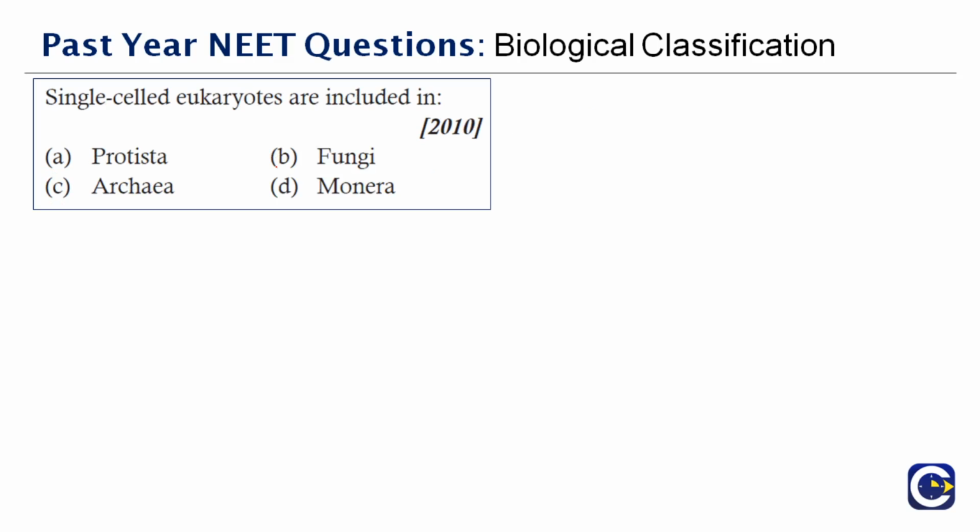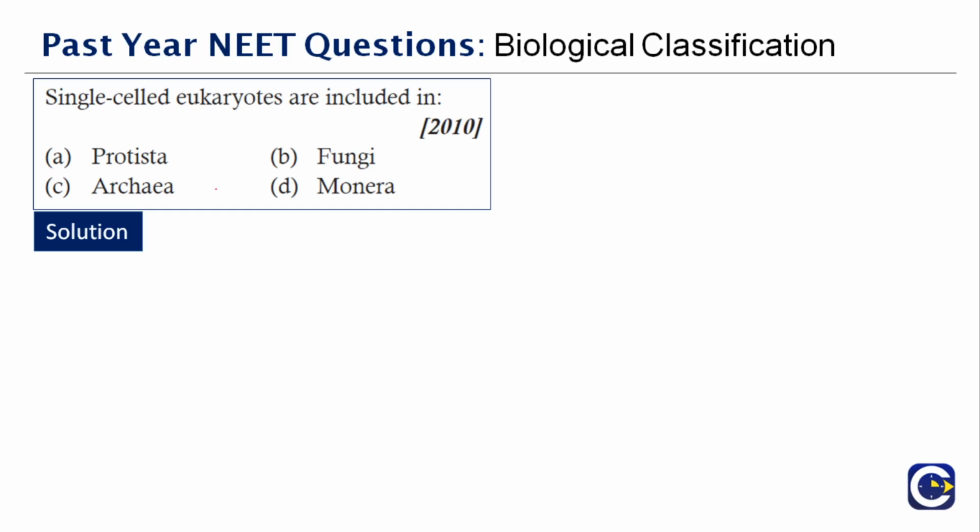Next question here. Single-celled eukaryotes are included in dash. We just now discussed in the previous question about protista. They include diatoms, chrysophytes, euglenoids, and dinoflagellates. They are all eukaryotes, but they are single celled.